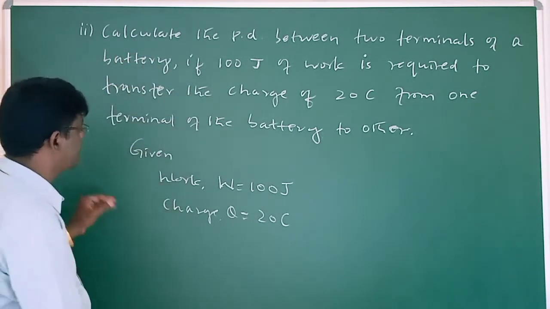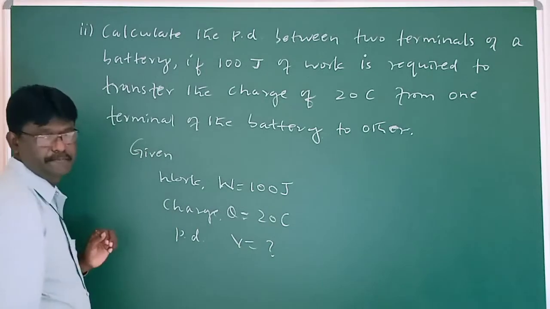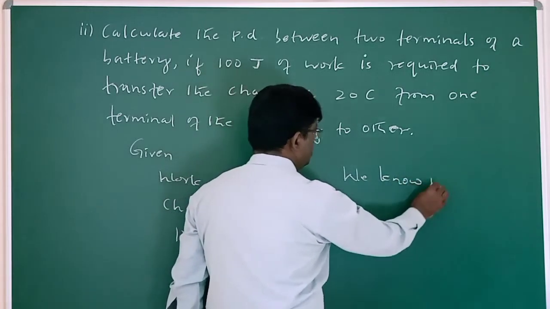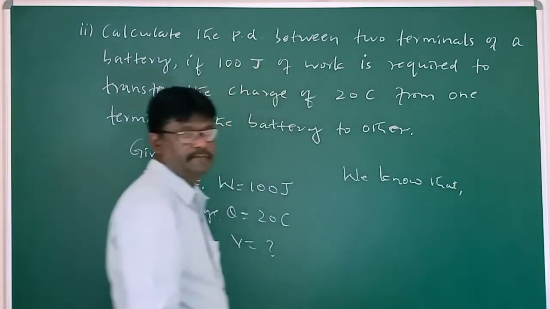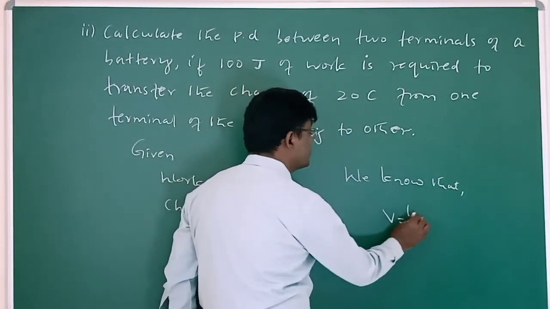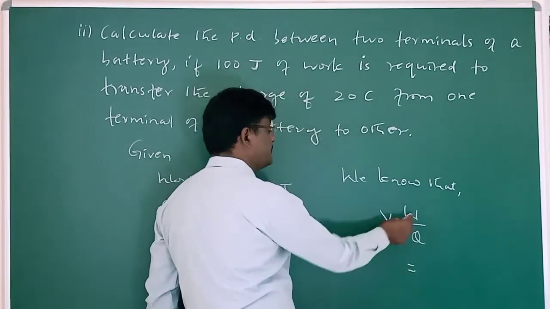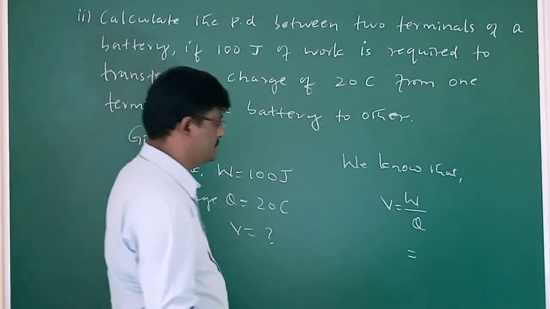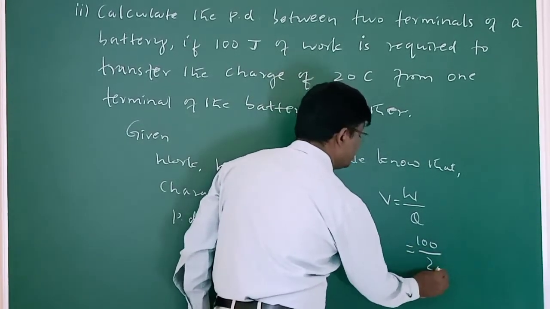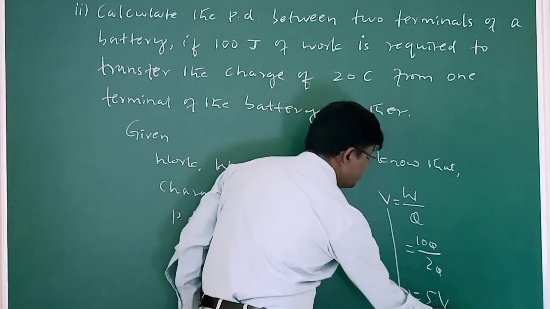The potential difference, PD V equal to how much? We know that the formula for potential difference is V equal to W by Q, the work done in moving charges. So whenever we write, let us recall once the definition. W is 100, Q is 20, therefore it comes 5, thus potential difference is 5 volt.